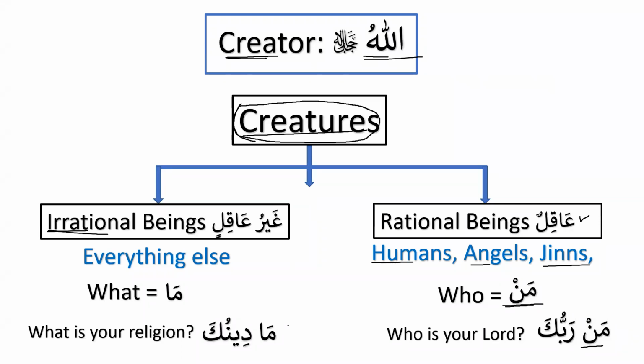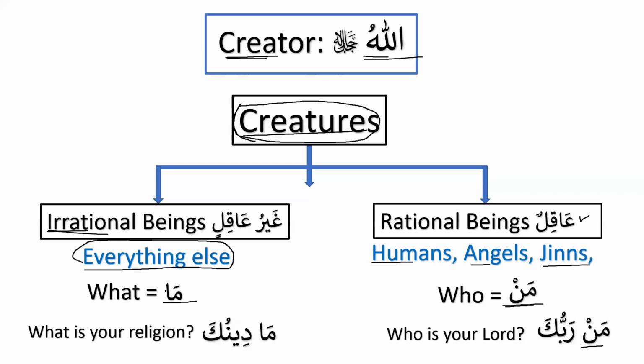And then the second question that will be asked is ma dinuka, what is your religion? Now we can see that ma is not in the category of humans, angels, or jinns, so everything else is ghayru aqil, and for that we use ma.